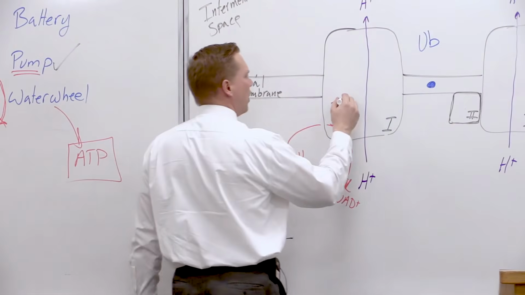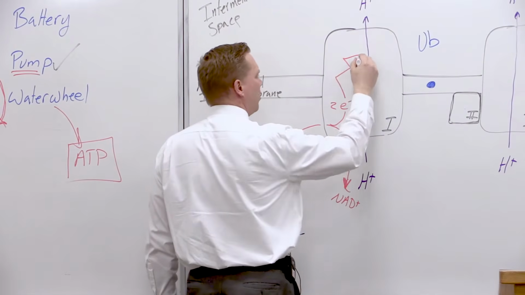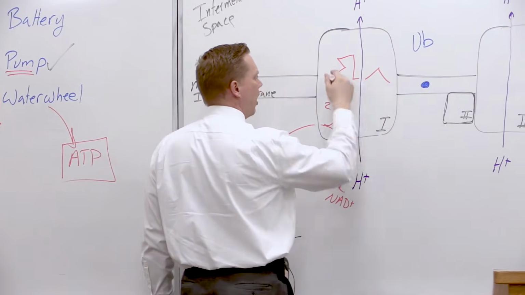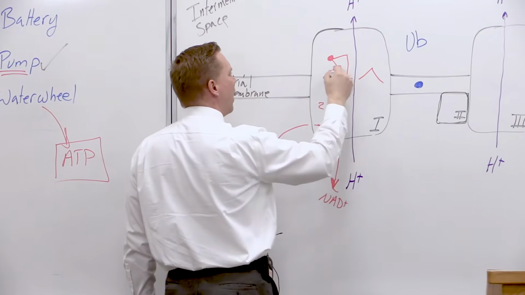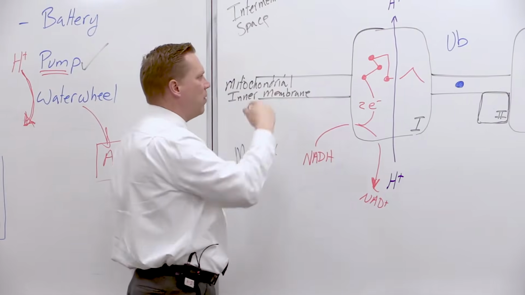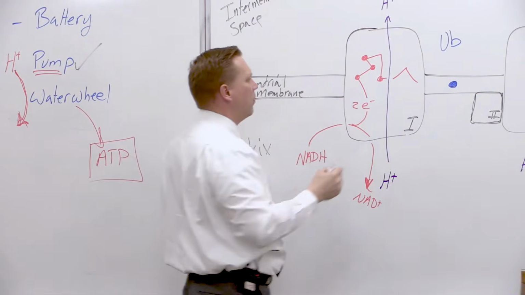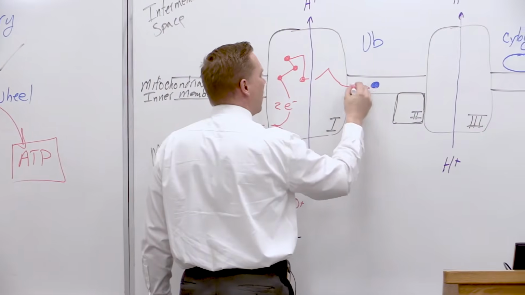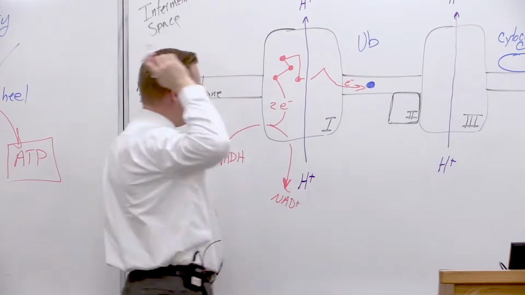Now, those 2 electrons are going to jump around in here. There are some different cofactors inside of this, and the electrons are jumping from one cofactor to another until they eventually end up moving over there to ubiquinone.